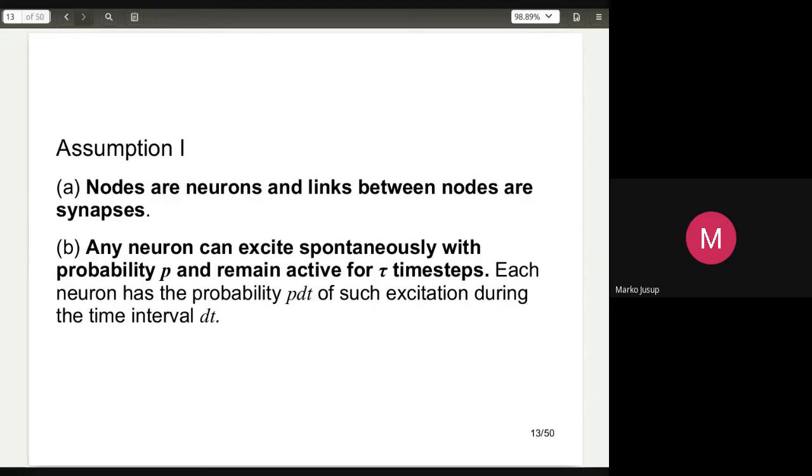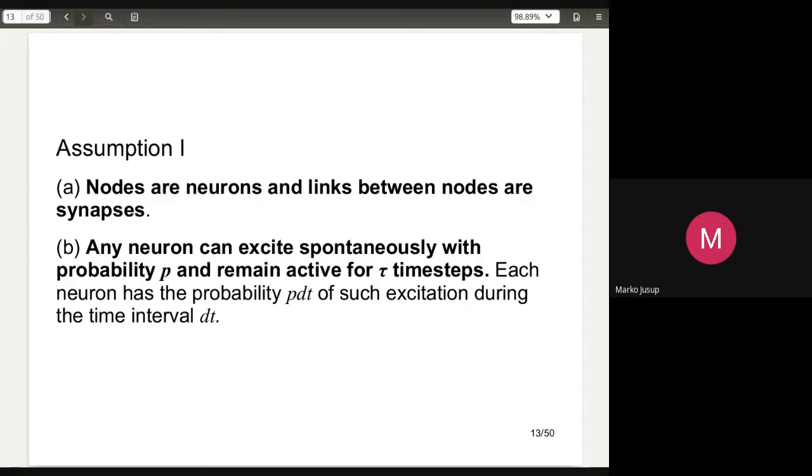Then we say, okay, neurons can be in two states, active and inactive, and any neuron can spontaneously jump from an inactive state to an active state.